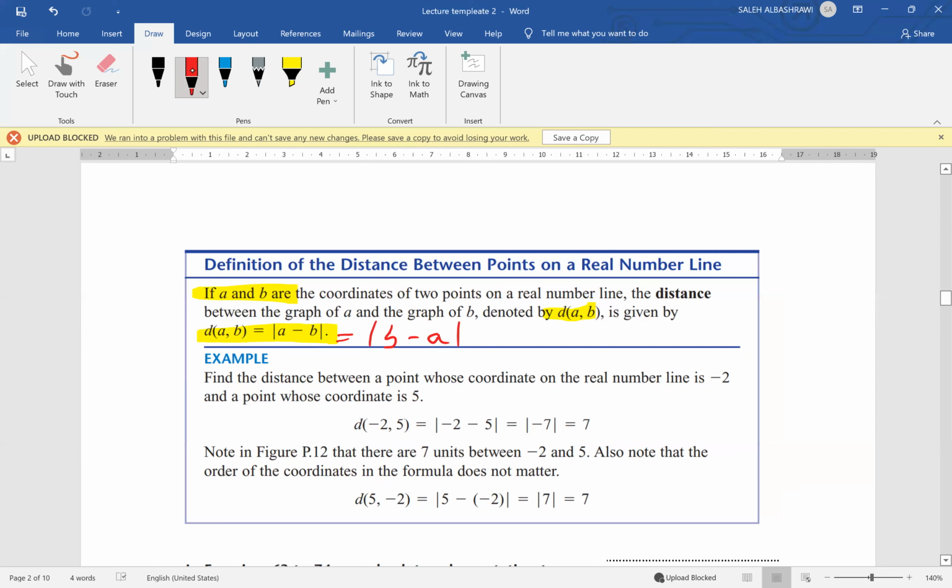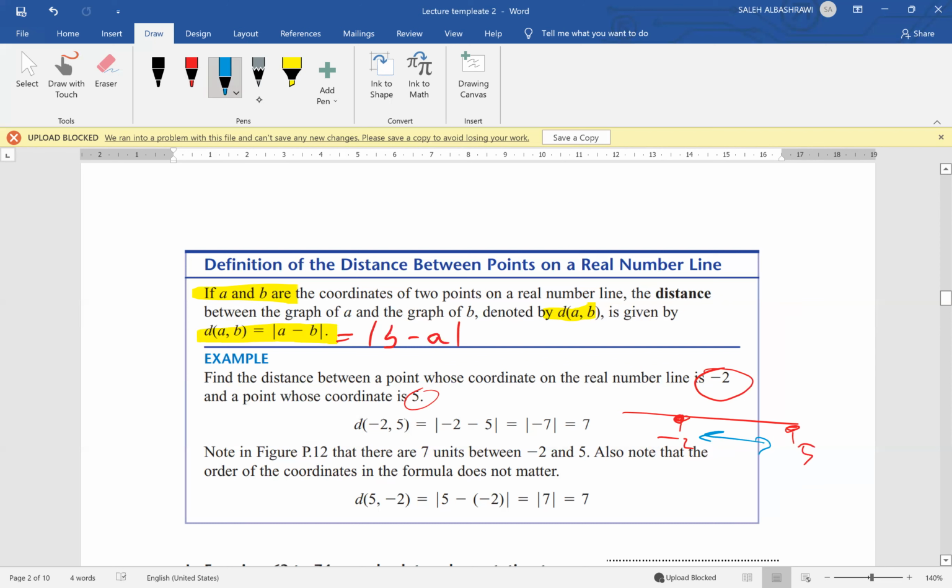For example, find the distance between a point whose coordinate on the real number line is minus 2 and the other point, which is 5. We need to find the distance between minus 2 and 5.